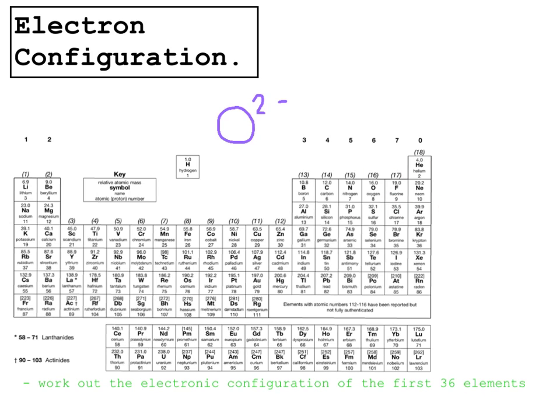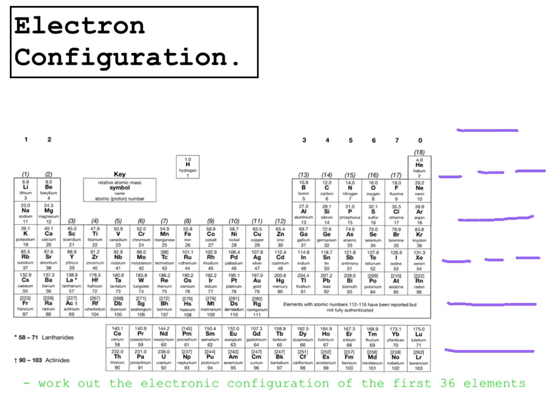A more complicated example is any one of the transition metals along here, scandium to zinc. So we're going to have a go at doing iron 3+. The first thing I'm going to do is just draw out the electron configuration of iron by itself. So we're going to have a 1s, 2s, 2p, 3s, 3p, 4s, and 3d.